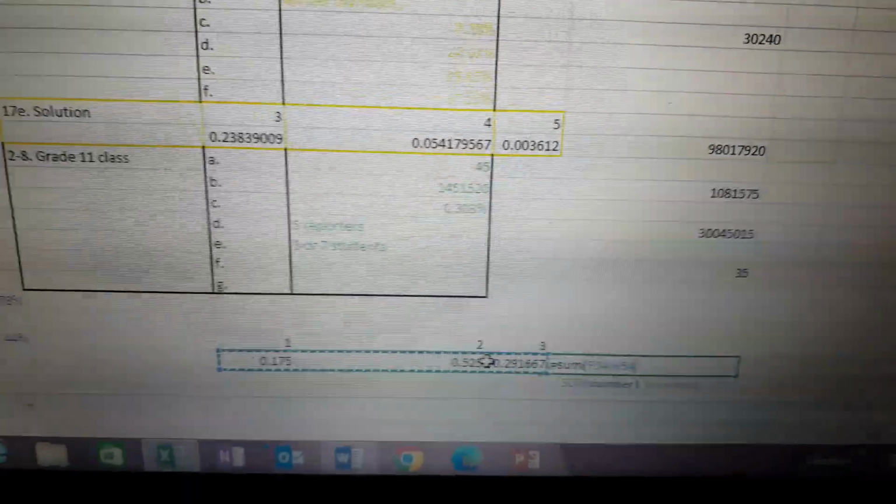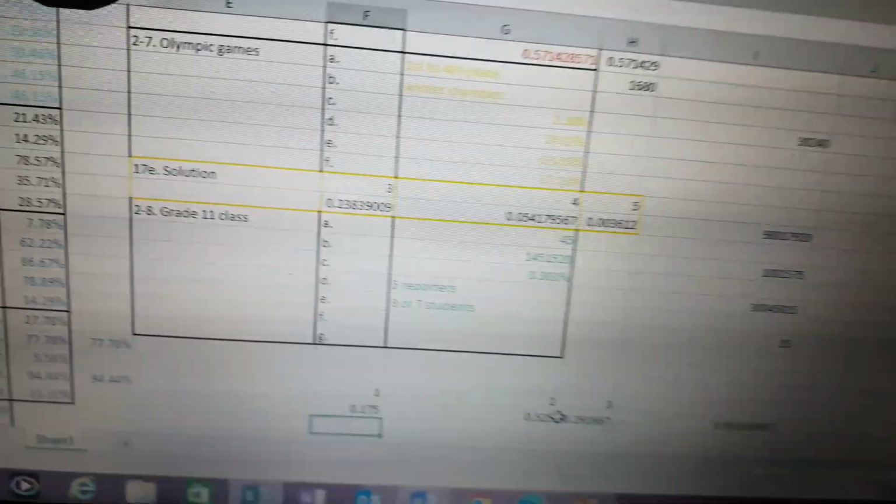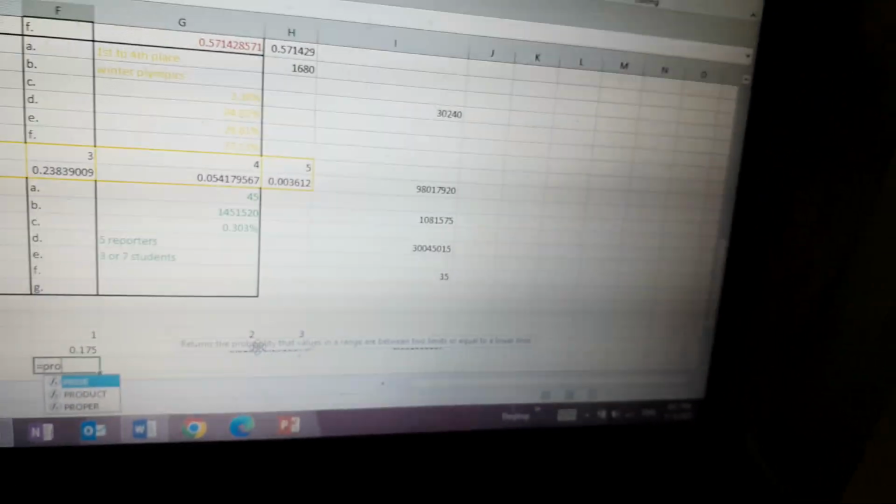And why do we stop at 3? Because there are 3 STEM students. So we sum everything up and we should get this answer of 99.166%. Or another solution, let's say, if there are three of them, this is how the formula will go. We use the same criteria, so product of combinations.